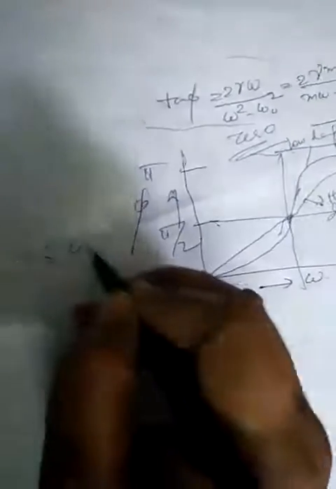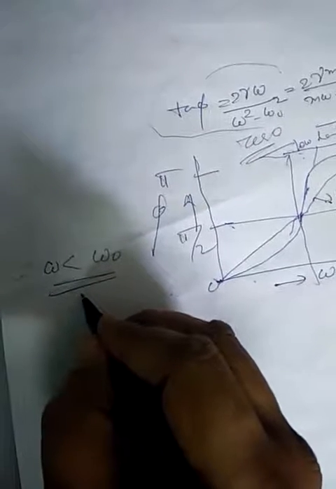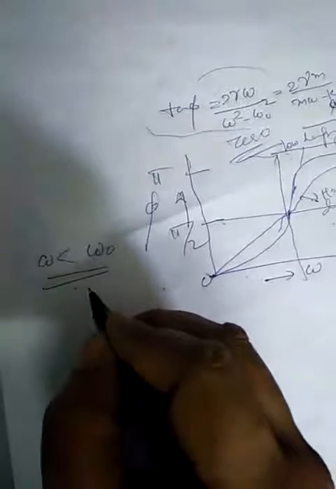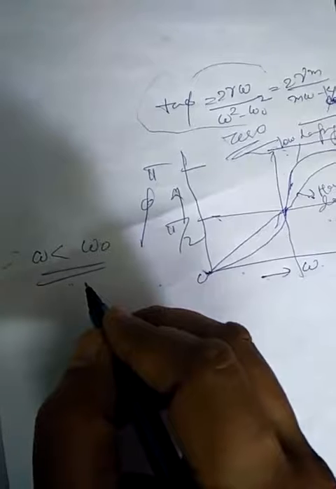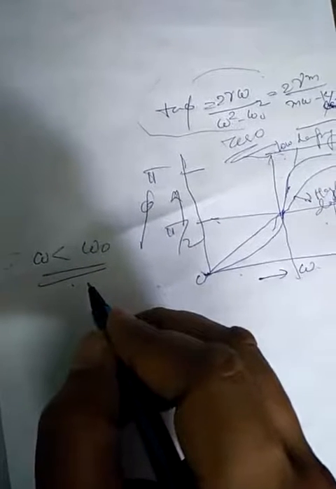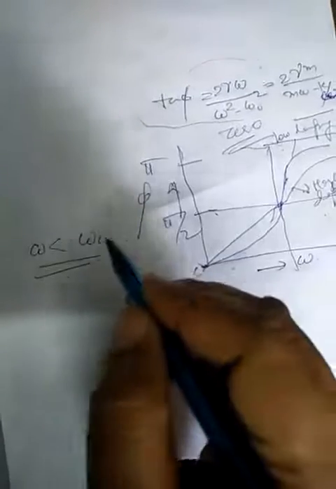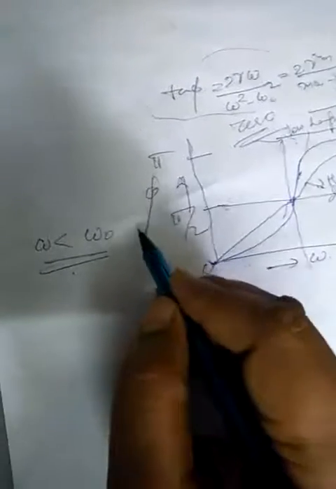Now when omega is lesser than omega naught, what will happen? At low frequency phi is very small and positive, which means the displacement lags behind the force by a very small amount. As omega increases, the phase lag of the displacement also increases. So at low frequency, this kind of straight line is there for zero damping.